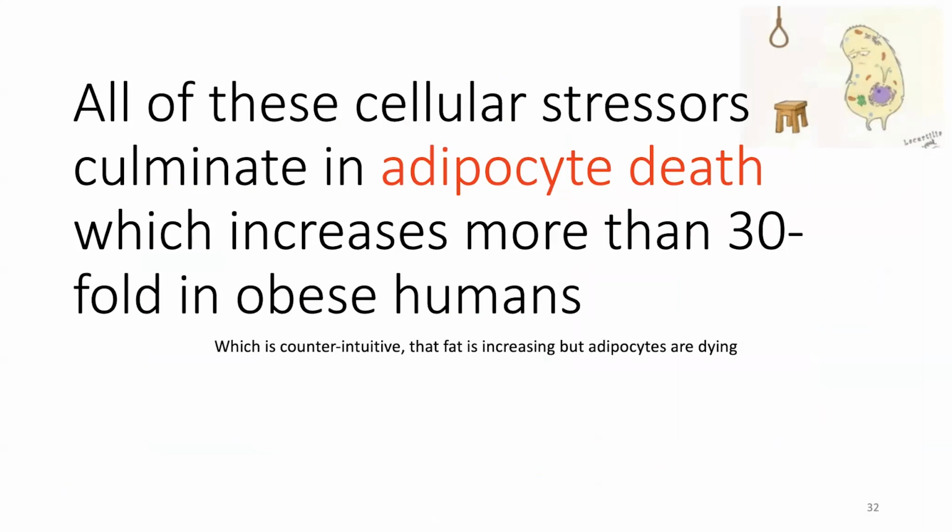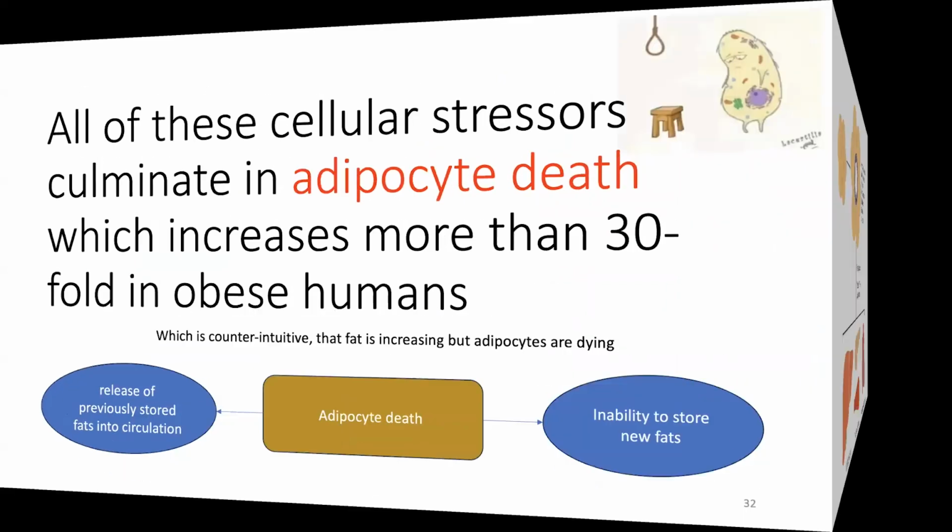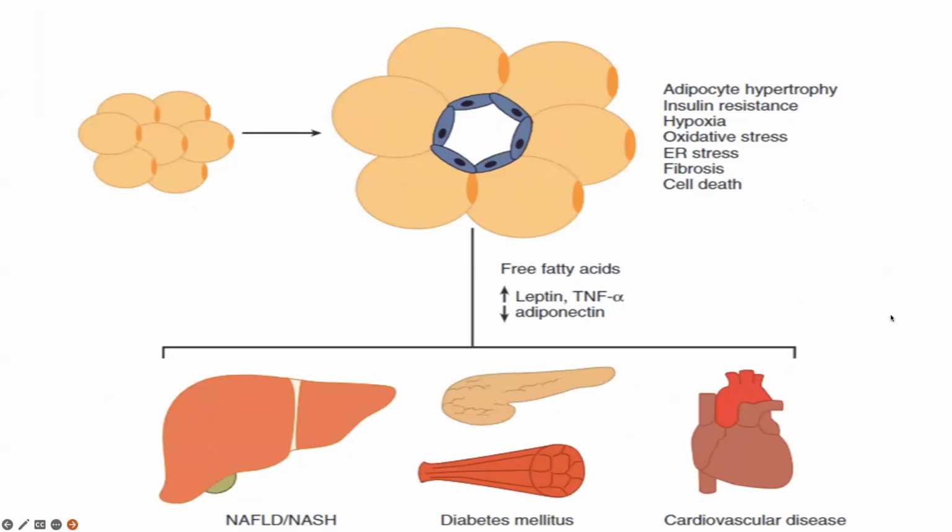In fact, this is a counterintuitive concept. Most of us think that in fatty liver disease or in a patient with fat, adipocyte tissue is hypertrophied. The fact is that because of the hypertrophy, there is a substantial death, and there is a study to show that 30% of these adipocytes die. And once they die, they will have further release of inflammatory cytokines.